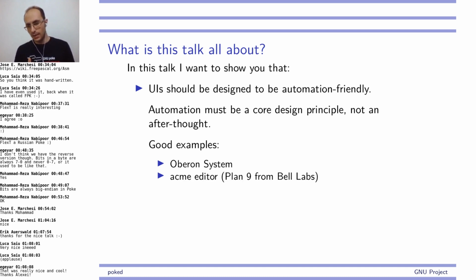Another nice example is the Acme editor, which is highly inspired by the Oberon system. It's written by Rob Pike for the Plan 9 from Bell Labs operating system, which is a highly interesting project, the OS and the UI. One point about Acme is that it adapted good ideas from the Oberon system to Plan 9.